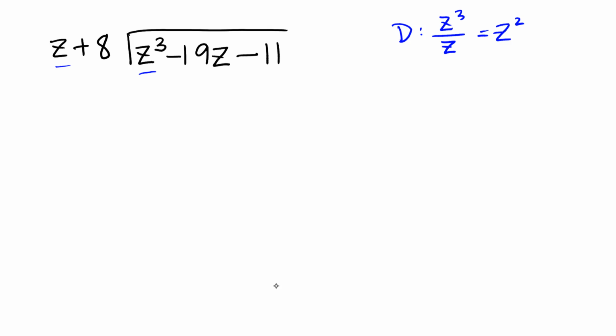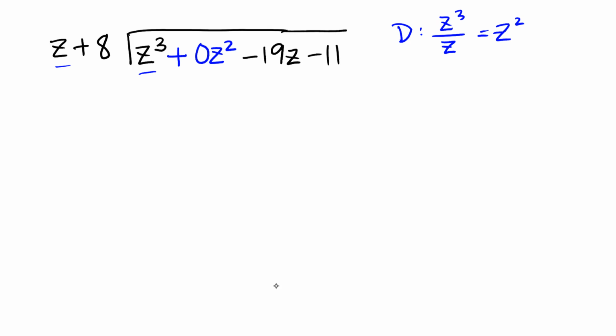There is no z squared spot. So one thing you might want to do if you're doing this problem is add in a spot for every degree that's missing. So that when it started with z cubed, the next term should have had a z squared, but there were none of them. So let's put a 0 z squared, and then we can put the rest of this. And this will just keep us straight and organized. So minus 19z minus 11.